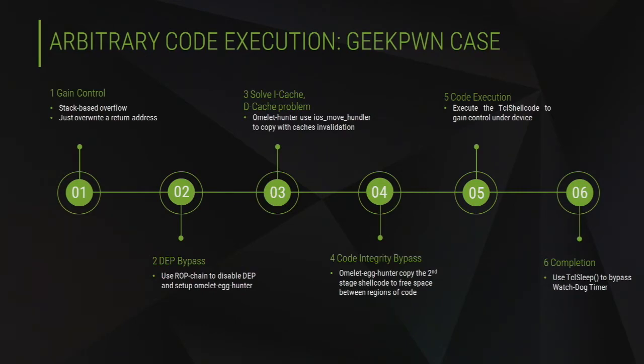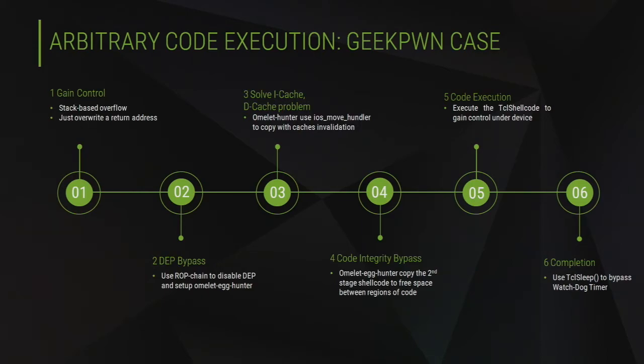First, let me show you the concrete steps which will be done to execute arbitrary code execution at Gigabit power. First, we gain control by return address overwriting.